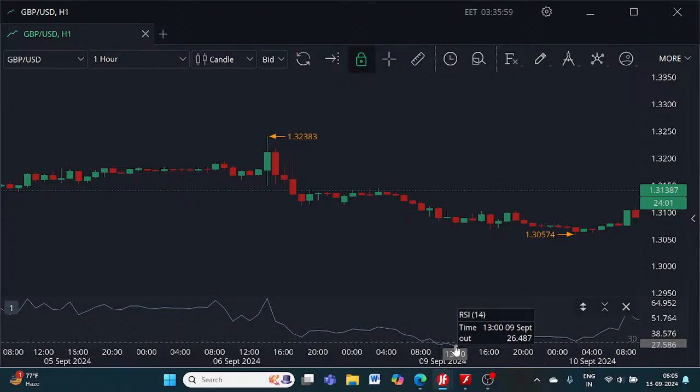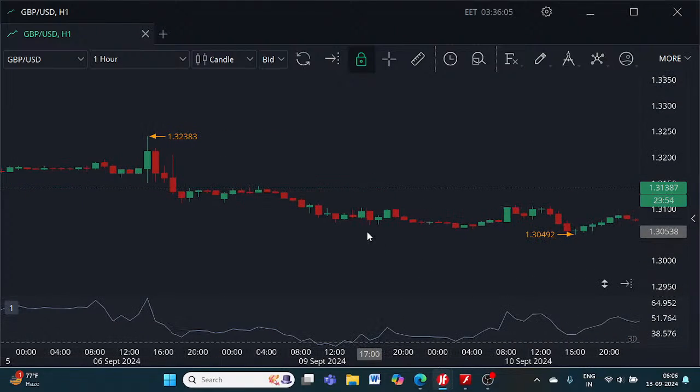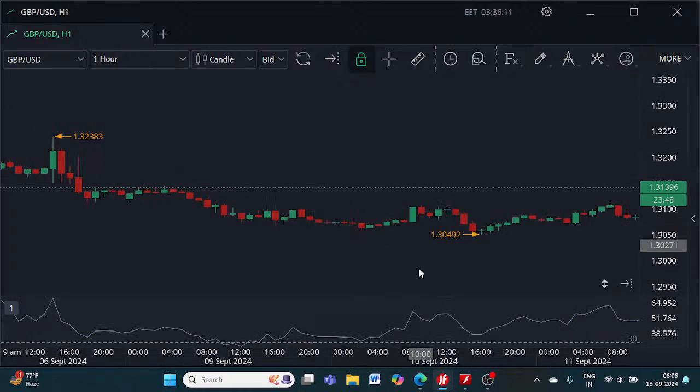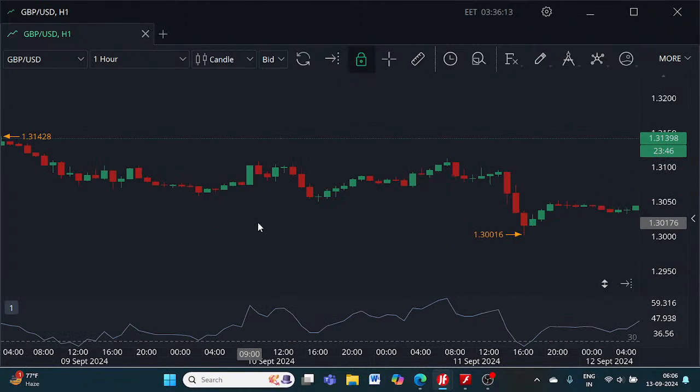Eventually, it crossed below the 30 mark, and it remained in the oversold territory for a couple of sessions, and then the momentum picked up again, and we had this consolidation phase where the oscillation of the RSI values kept happening. Sometimes it is in bullish tendency, sometimes it is in bearish tendency.